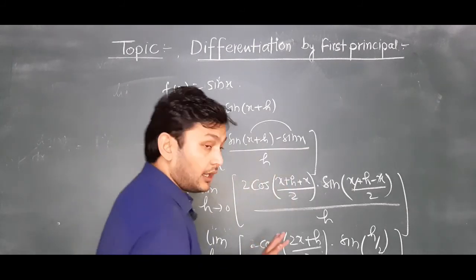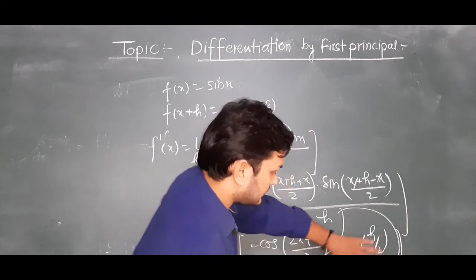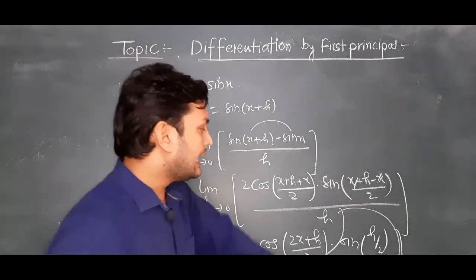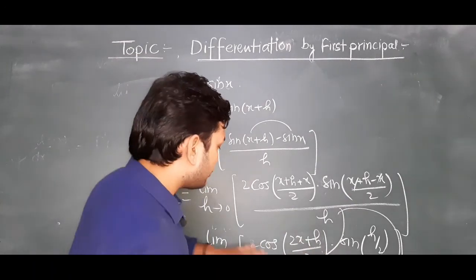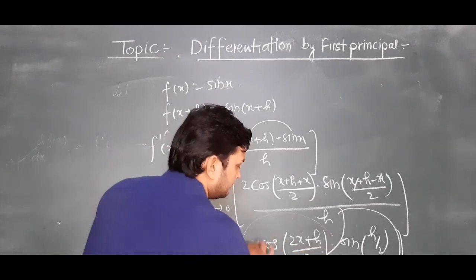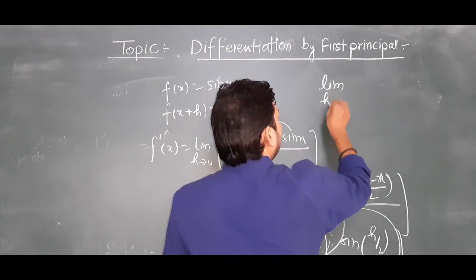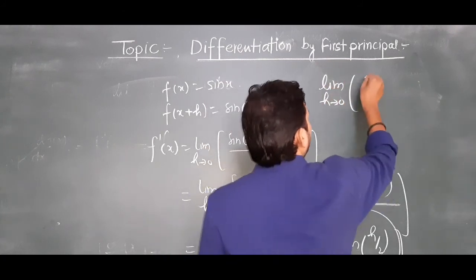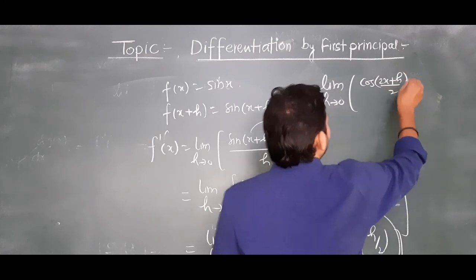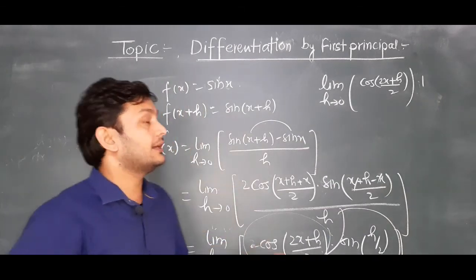Now when you put h tends to 0, this part becomes 1, because everyone knows sin theta upon theta, when theta goes to 0, gives the result 1. So after using the limit, you have only this part: the limit as h tends to 0 of cos((2x + h)/2) into 1, because you know very well the algebra of limits.